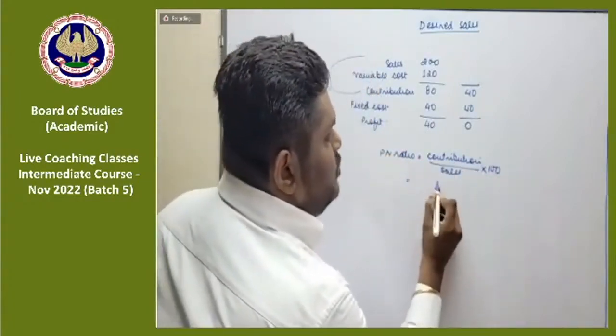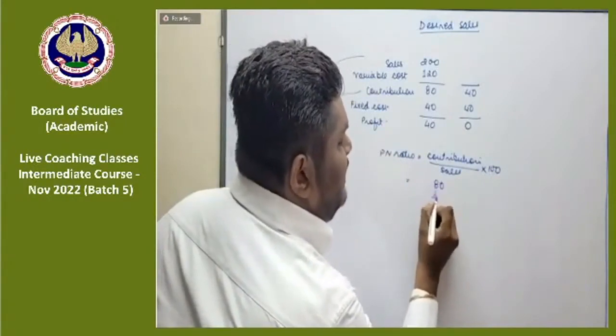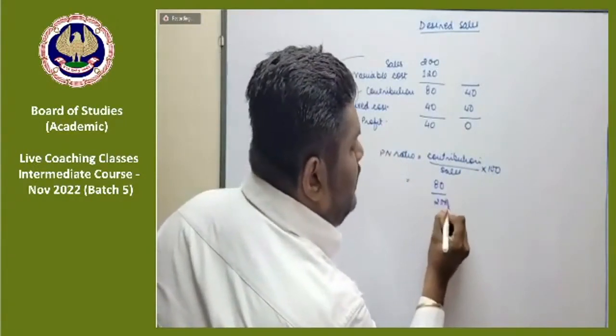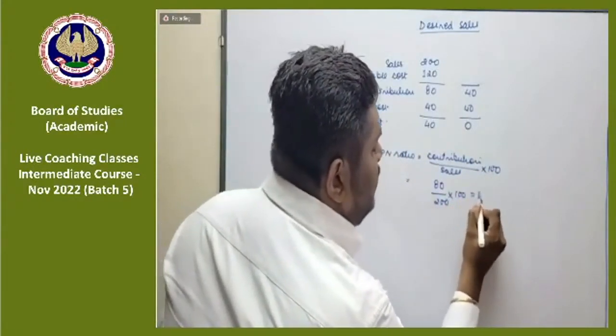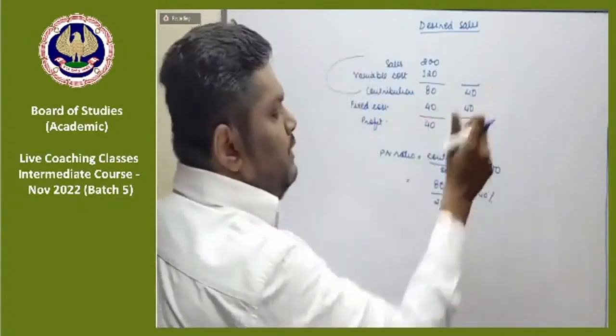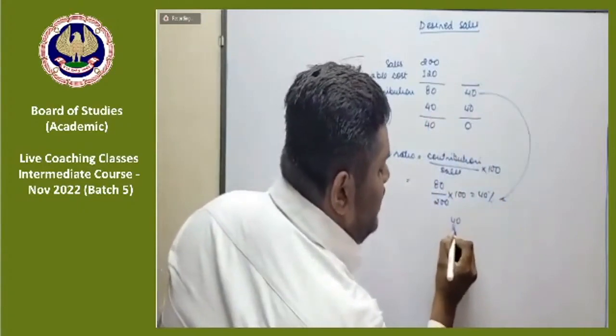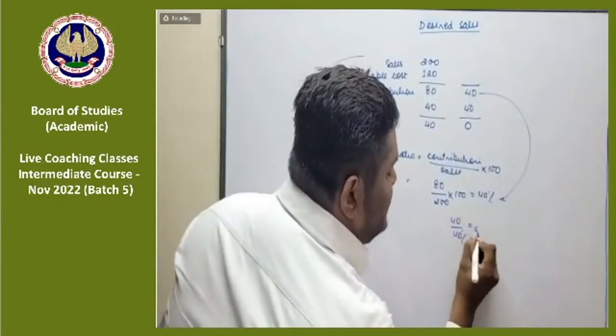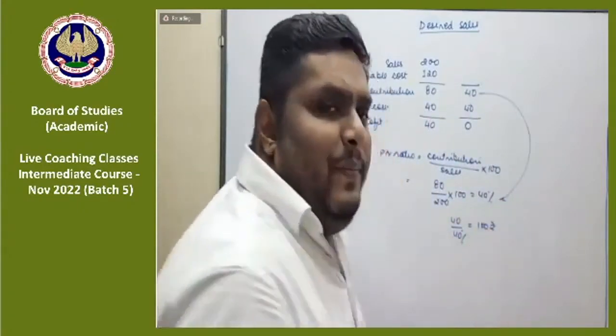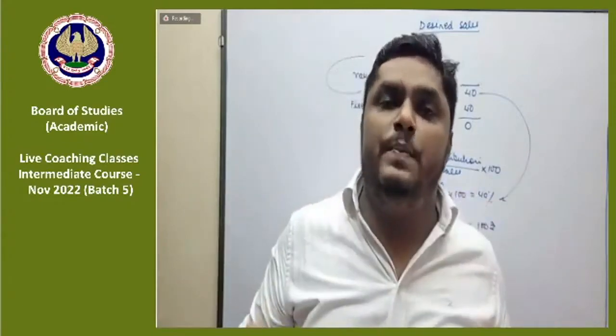So my contribution sales ratio is how much? 80 divided by 200 into 100, that is 40%. So this contribution 40 is equal to 40%. So how much will be 100%? That is rupees 100. So my break-even sales in this question is rupees 100.